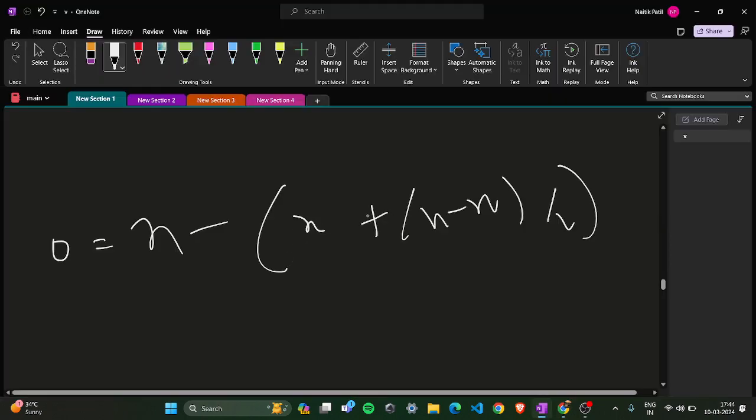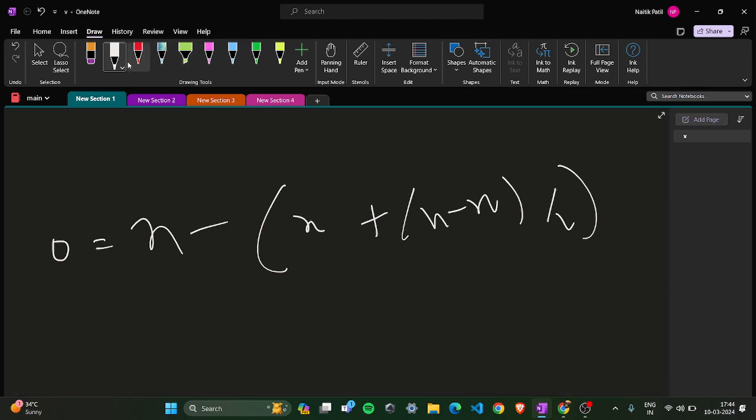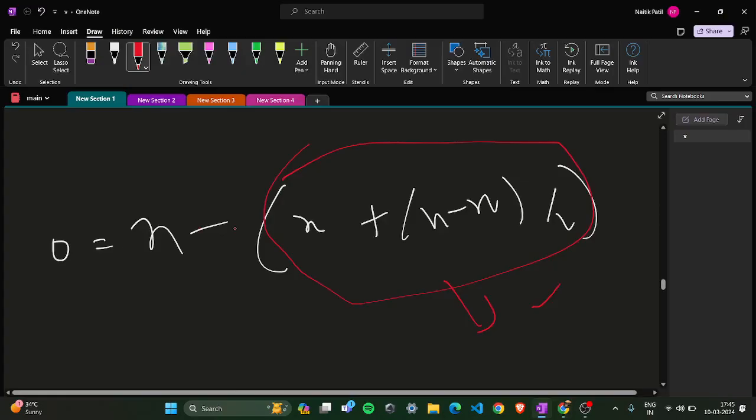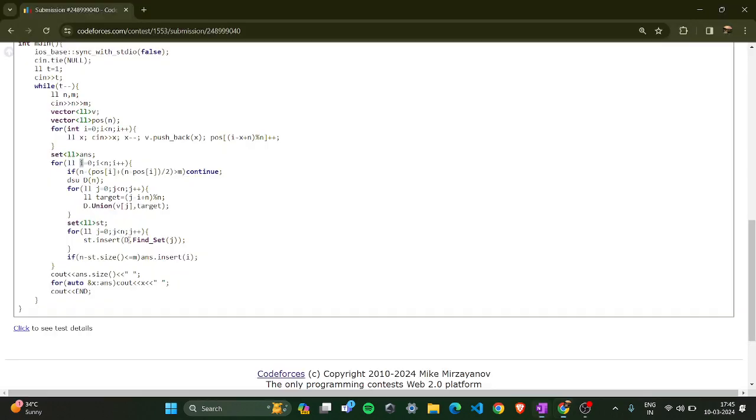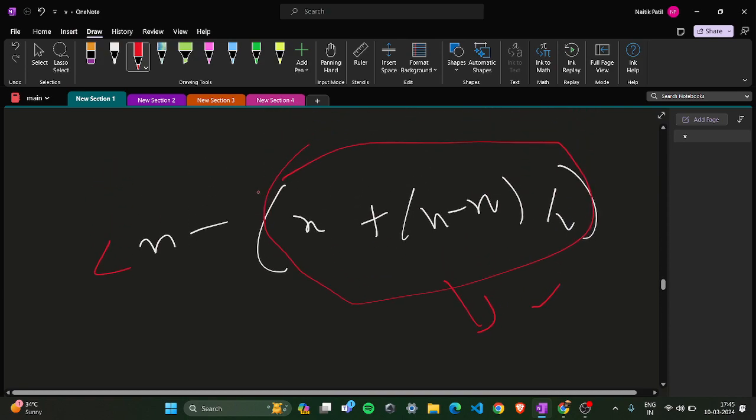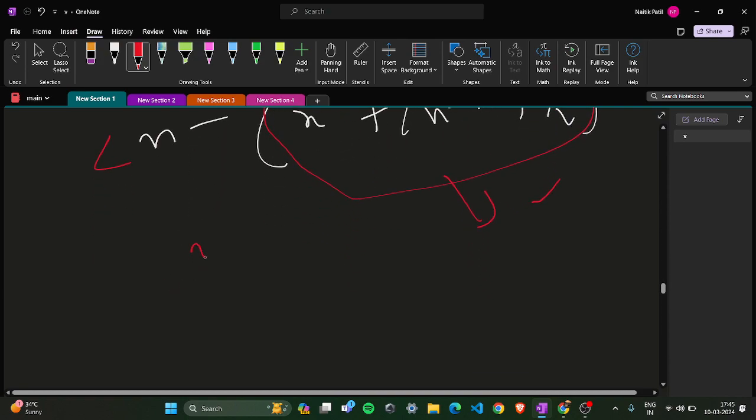This is the equation I mentioned before, and it tells us the total number of cycles or connected components in my given array. If this value is greater than m, then I can skip checking for this part. This will guarantee that we'll only check for at most 3 values of k.